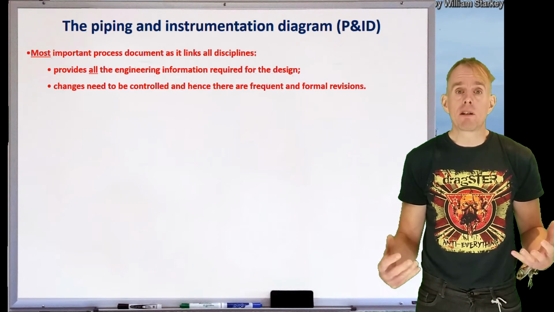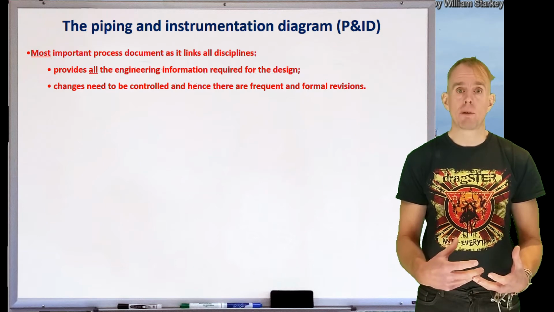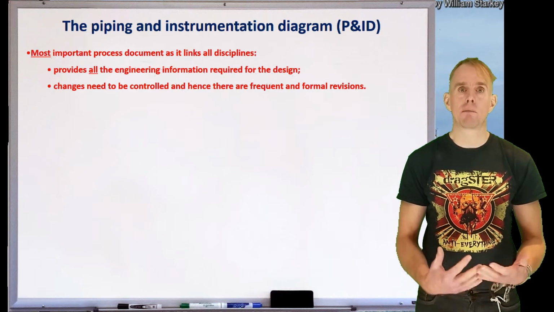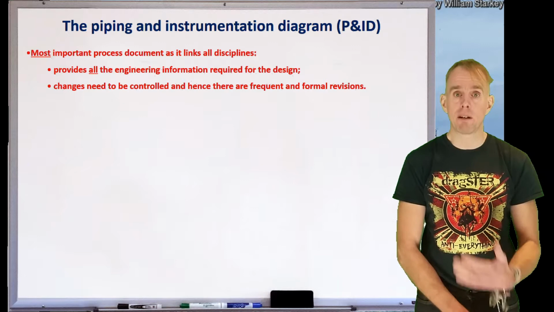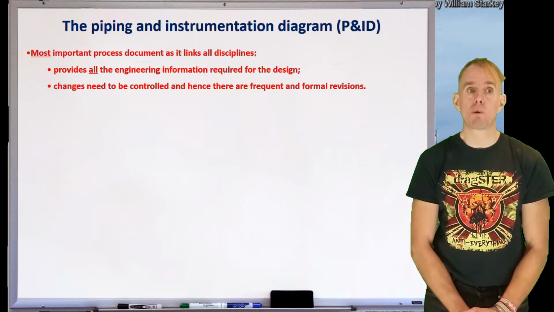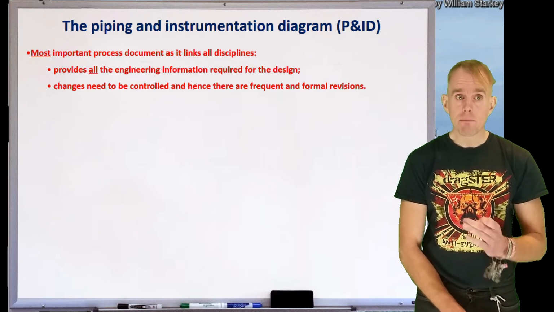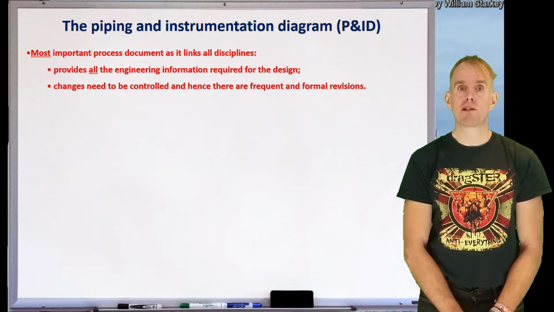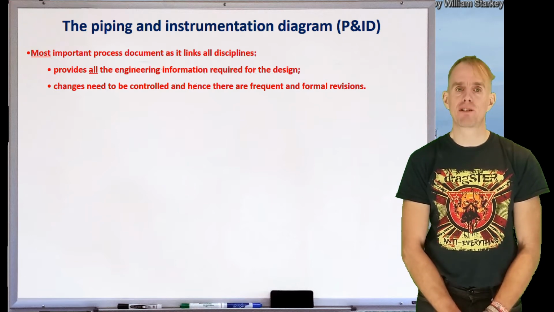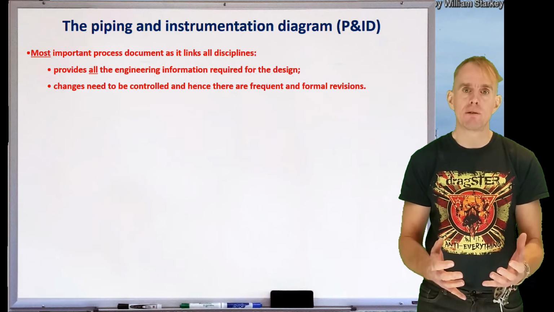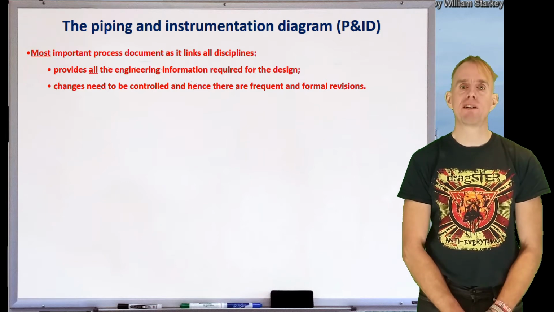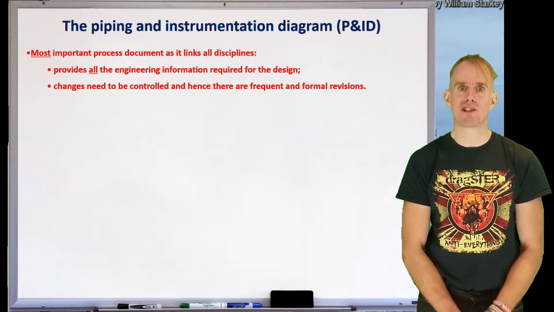So when we consider how we communicate that information, we need to make sure that it is understandable by all. So therefore, P&IDs, as with PFDs, are drawn to a given standard, and also the revision numbers are very, very clearly marked on them, such that when these documents are used in a group situation, everybody is referring to the same version of the document.